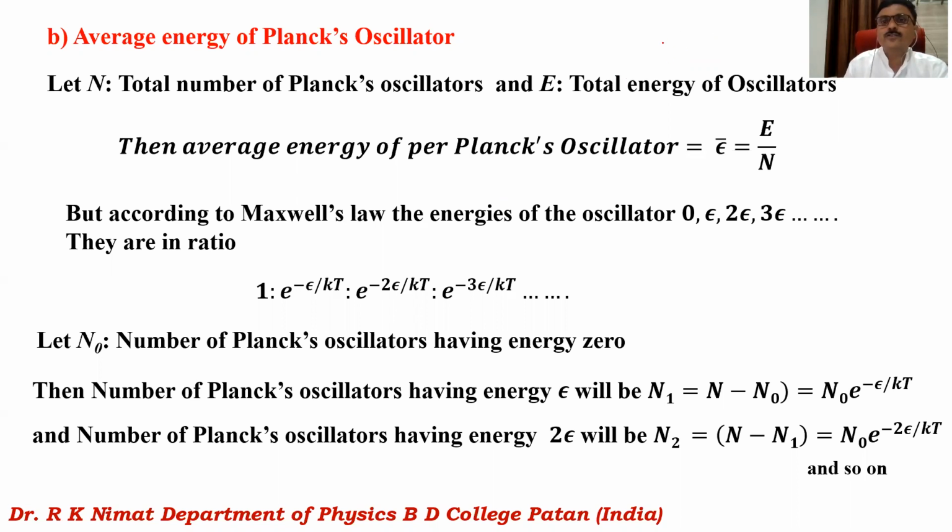That equation we have seen: g(nu) d nu, the number of oscillators per unit volume in the frequency range between nu and nu plus d nu, is 8 pi nu square d nu divided by c cubed. So this equation we have already derived in the first part of this lecture.